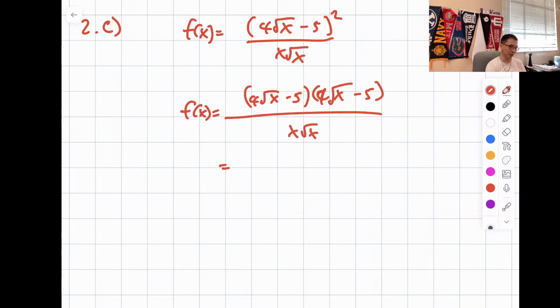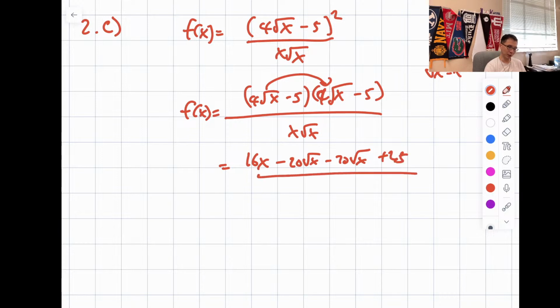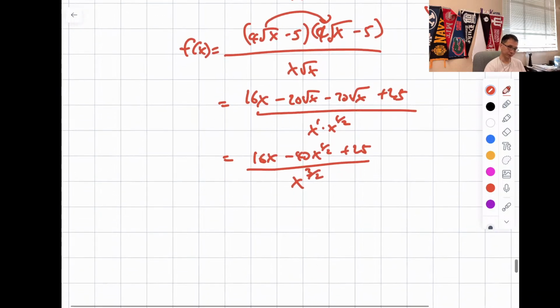Now I will change this square root of x to x to the 1/2. 4 root x times 4 root x is equal to 16x, minus 20 root x, minus 20 root x, and then plus 25, over x times x to the 1/2. So that's going to be 16x minus 40 x to the 1/2 plus 25 over x to the 3 over 2. Alright, I see where I messed up.